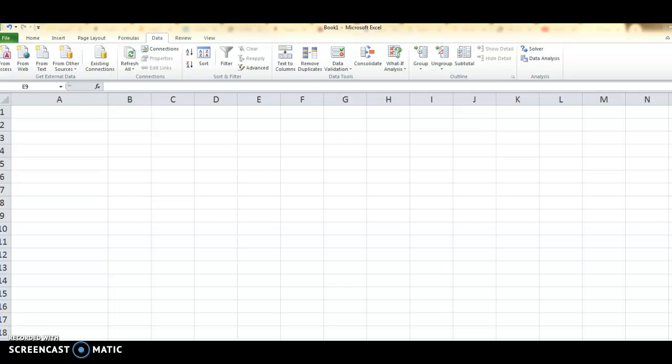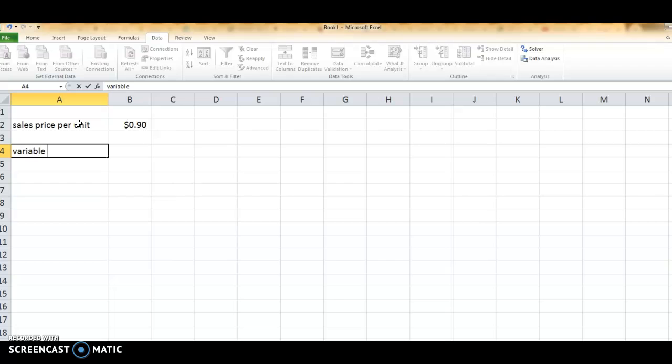So I'm going to set up a short spreadsheet over here, and I'm going to type in sales price per unit, 0.9, variable costs per unit, 0.7, fixed costs per month, or total fixed costs per month, and that was $9,200.